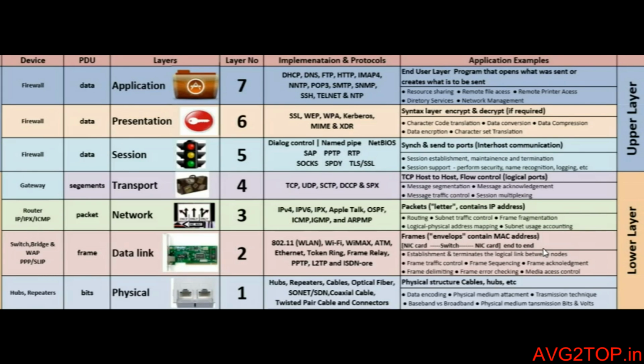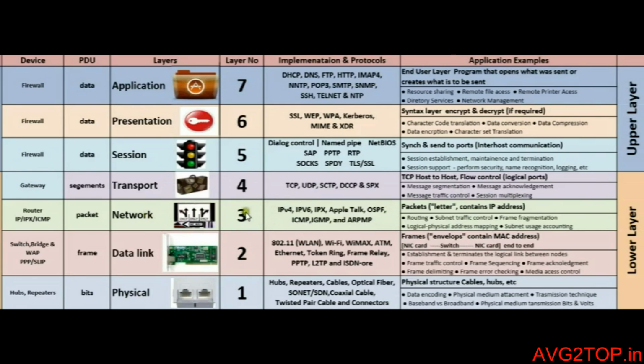So it forms like a package, which equally divides the whole data and is transferred from one node to another with the help of an IP address, because it's the network layer. So it uses protocols such as IPv4, IPv6, IPX, and these are some of the protocols that we use in the network layer.